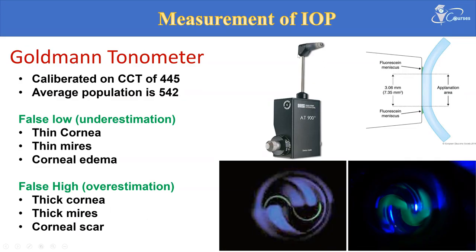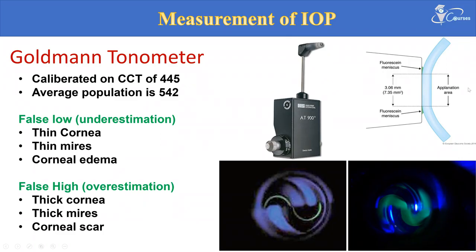So if we want to know the pressure inside the sphere, we need either a fixed force or a fixed area. In the eye, it is much easier to have a fixed area than a fixed force. So we have a fixed area of applanation, equal to 3.06 millimeters across the cornea, and we change the force through this knob in order to change the number.